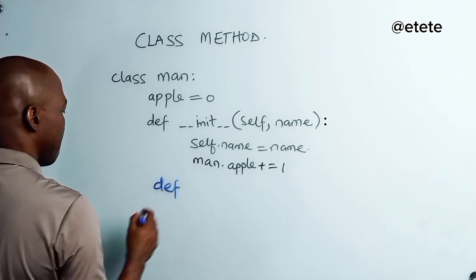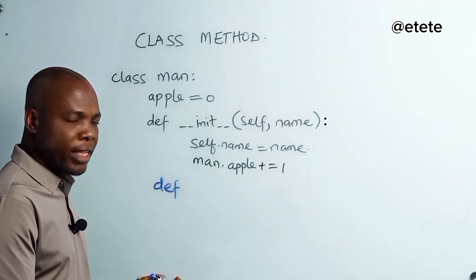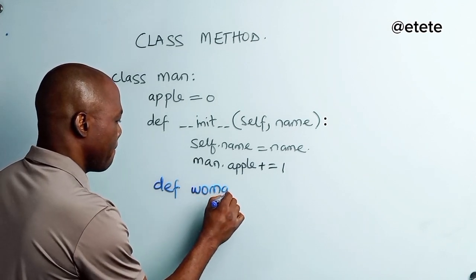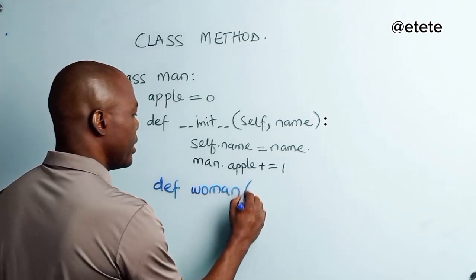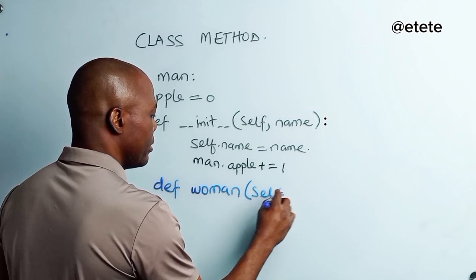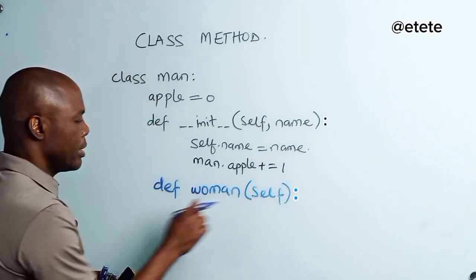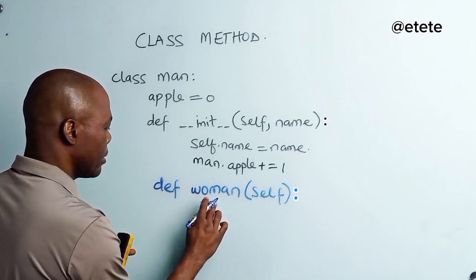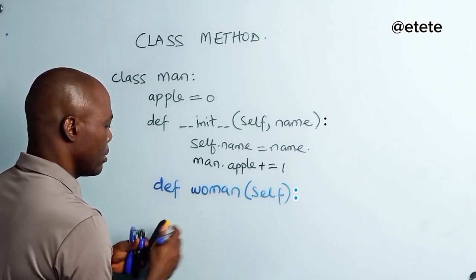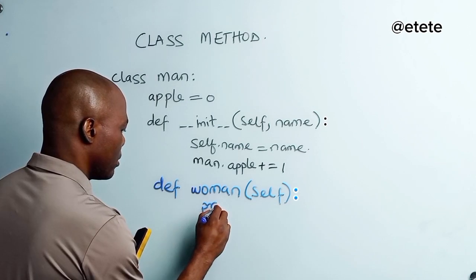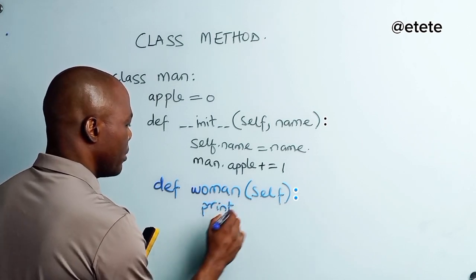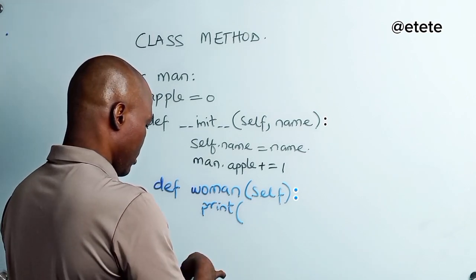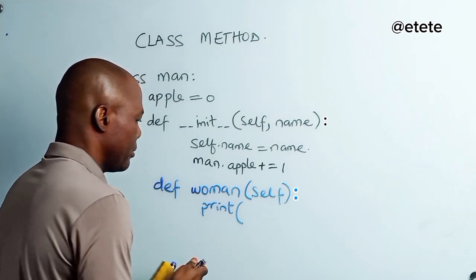Def. So we are going to create an instance method. Let's call it woman, and inside it we'll supply self. Now inside this instance method, say print. Let me use my black again.